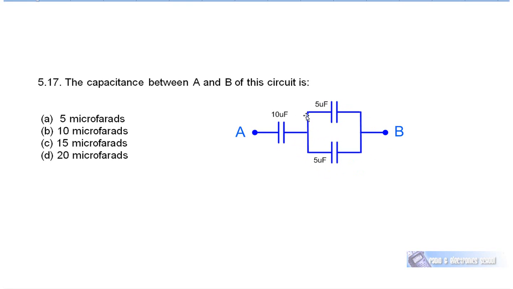So we replace the 2 microfarad capacitors with a 10 microfarad capacitor. We then have two 10 microfarad capacitors in series. The value of one of those capacitors is 10, and we have two of them, so the total capacitance is 5 microfarads. Answer A is correct.